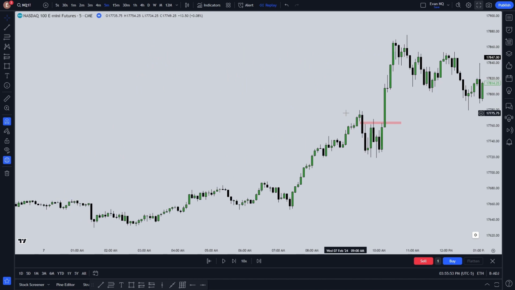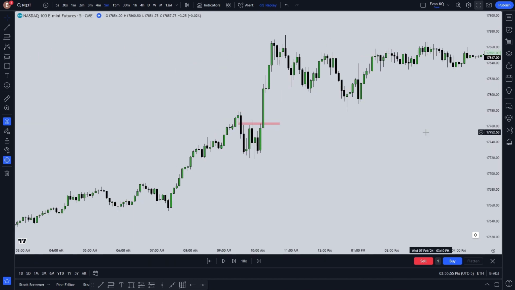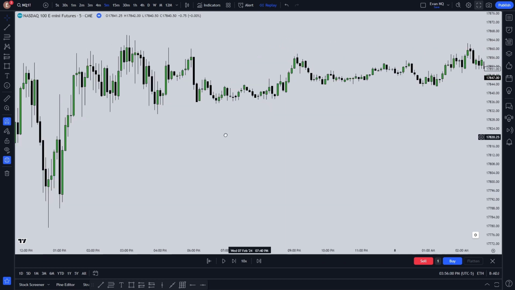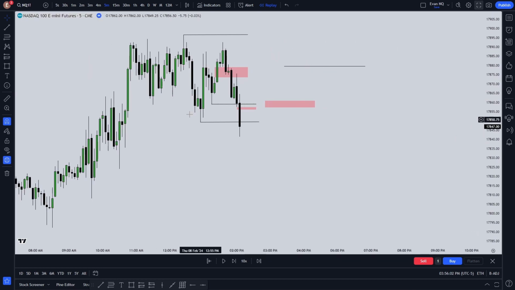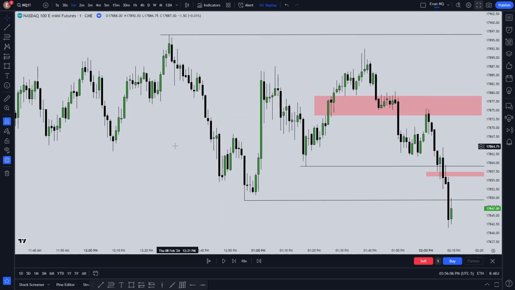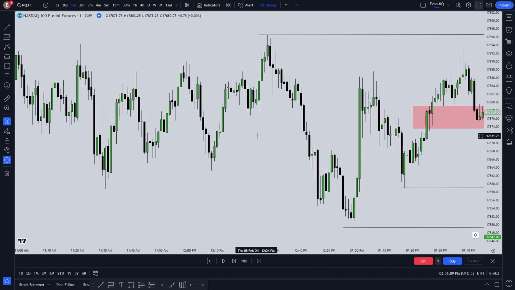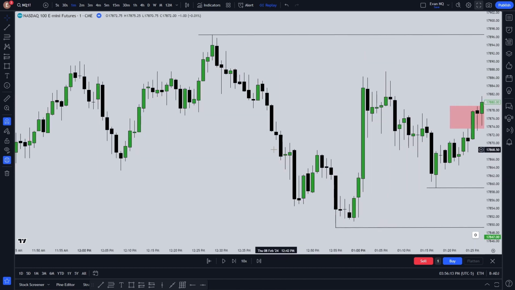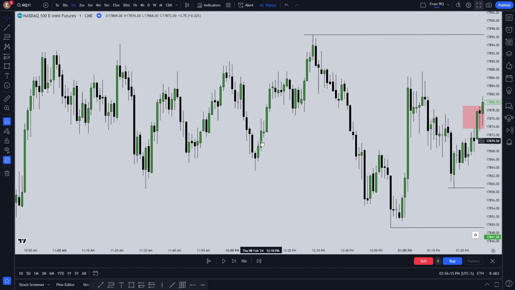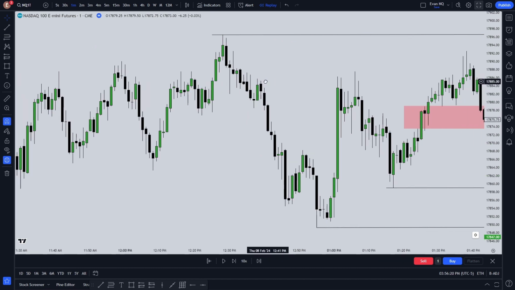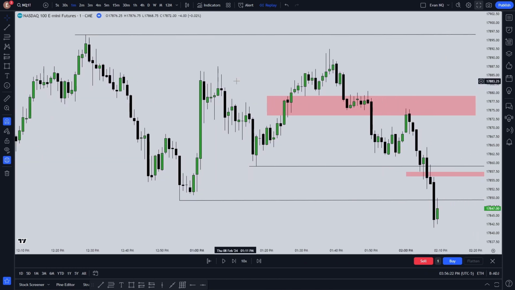Let's see. So you want to find your bias. That's the first step. You want to find your bias, and I will go to the 1 minute because there's a lot more opportunities on the 1 minute. Let's just say, I cannot find a fair value gap to really use this.